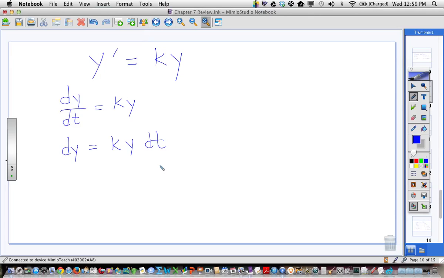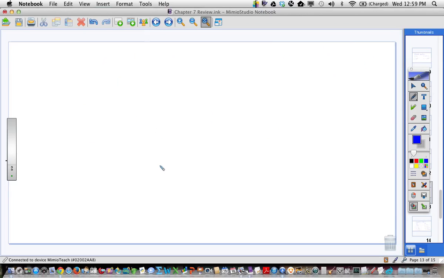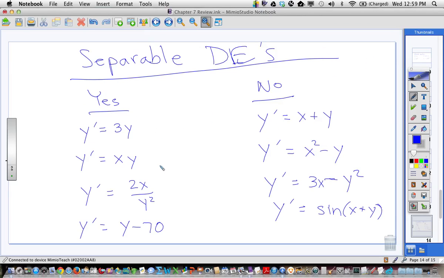All right, now you can see why that would have caused a problem back in this batch over here. Because if I would have taken this first one and written that as dy over dx, since I have x in there, and then had x plus y, if I would have separated that, now all of a sudden I'd have parentheses there, and there would be no way that I could get the y's together and the x's together, because no matter what I try to do, if I distribute or whatever, you can do all the algebra you want here.